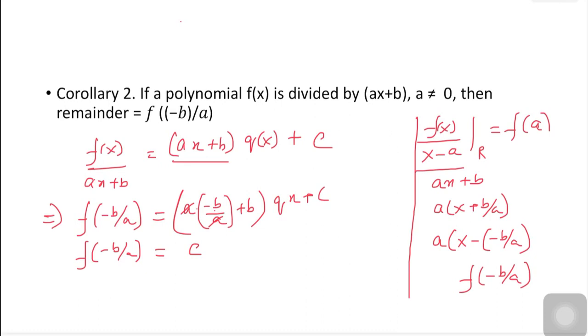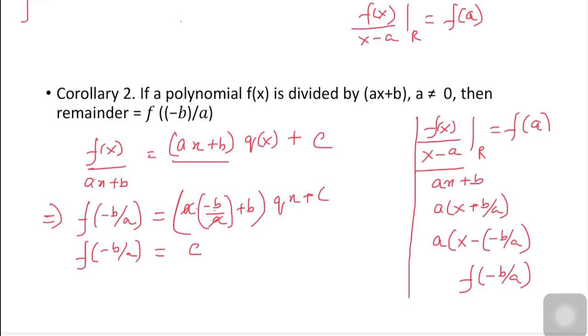So now we understood the remainder theorem and its two corollaries. In short, I'm just going to summarize it. If any polynomial f of x is divided by x minus a, then the remainder is equal to f of a. So this is the main theorem, and then we have two corollaries.